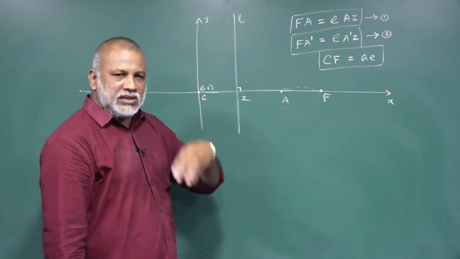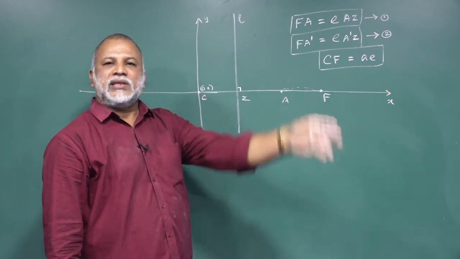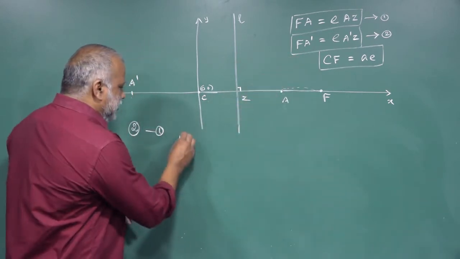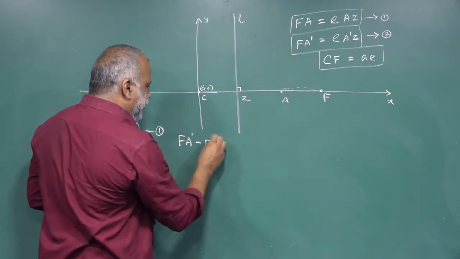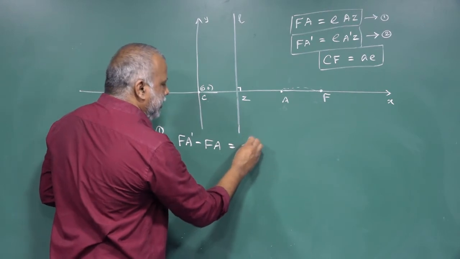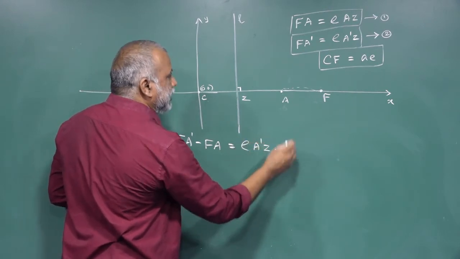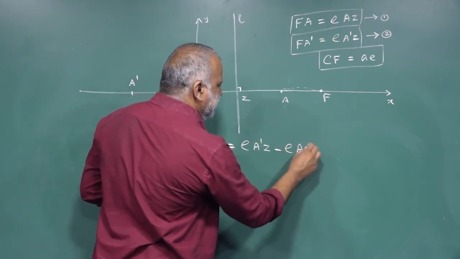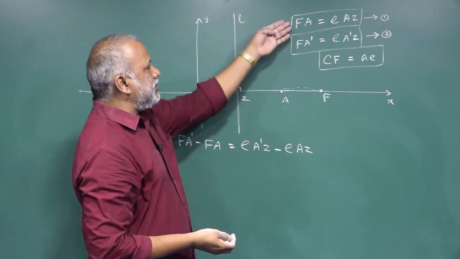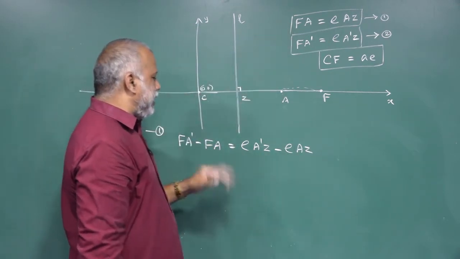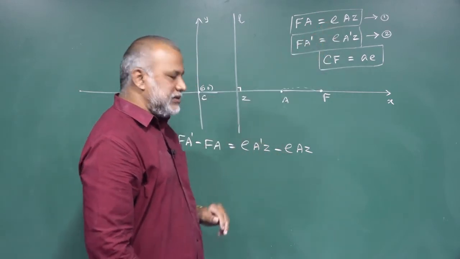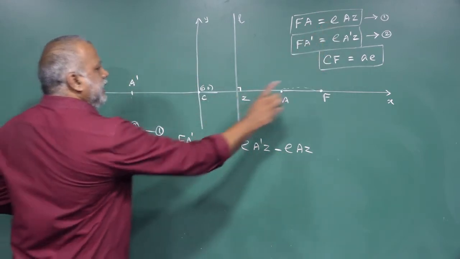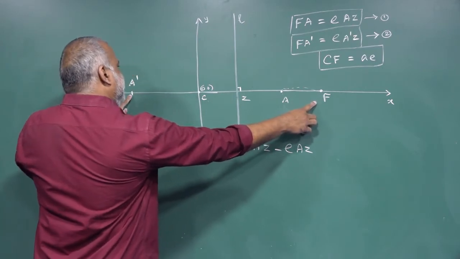See the second equation in the same way. LHS subtracted with LHS: FA dash minus FA equal to e times A dash Z minus e times AZ. See, LHS is subtracted with LHS, FA dash minus FA equal to RHS side, e times A dash Z minus AZ. See, FA dash: F is here, A dash is here.